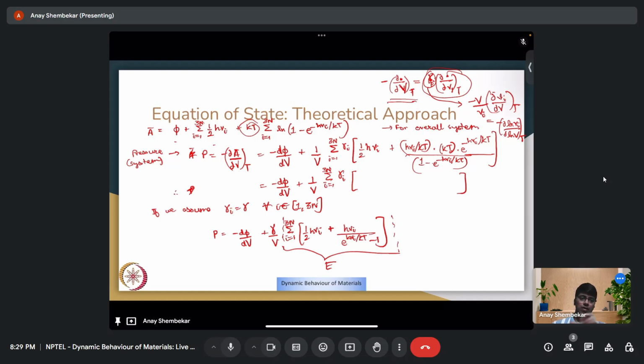We assume that it will remain the same throughout all my 3N oscillators. That allows me to isolate pressure as a derivative of potential energy, and a function of the Grüneisen constant, volume, and the total internal energy of the system.